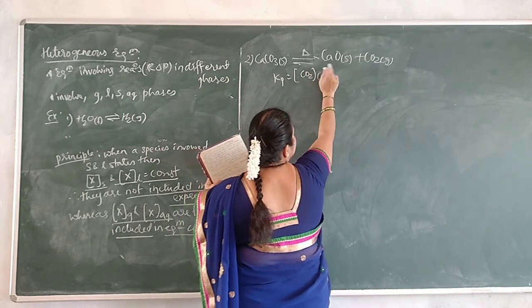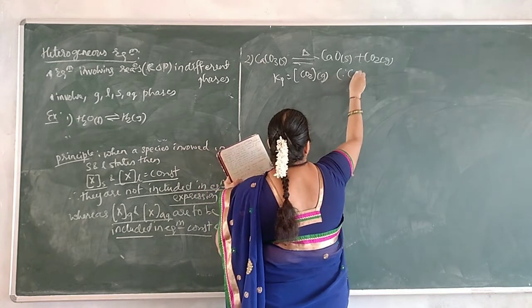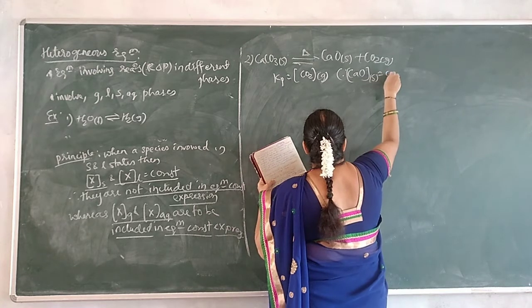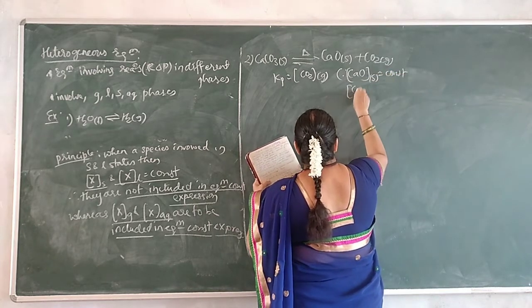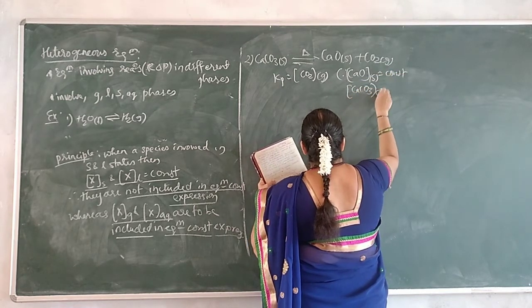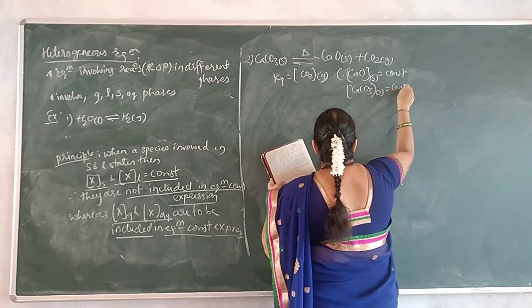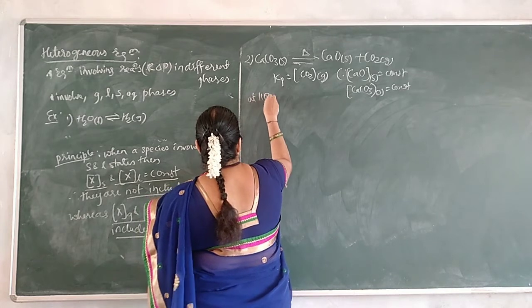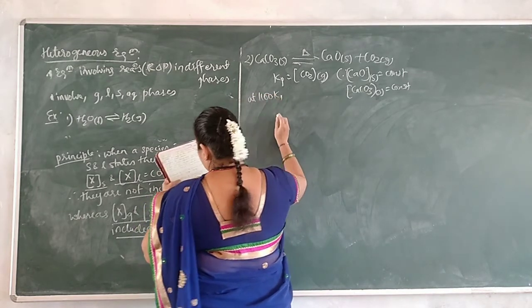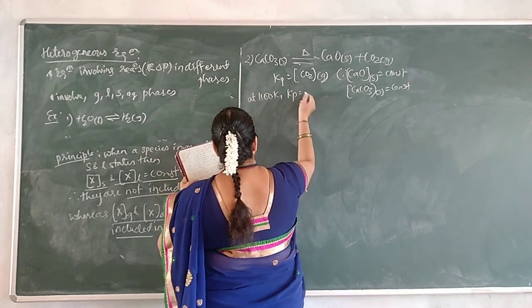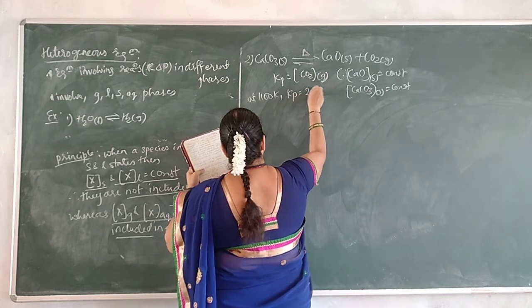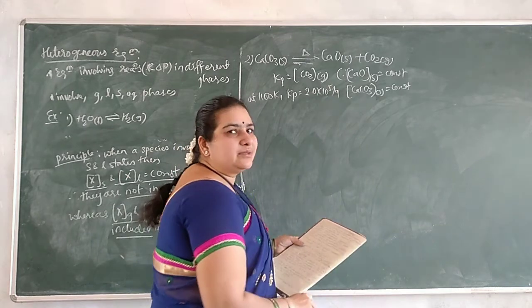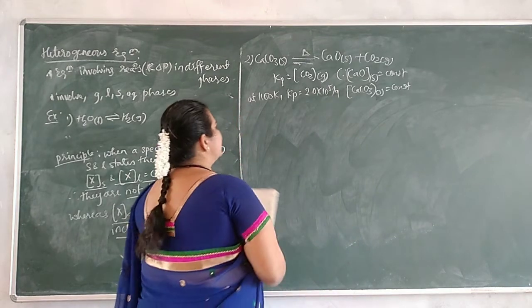The concentration of CaO solid is constant and the concentration of CaCO3 solid is also constant. It is observed that at a temperature of 1100 Kelvin, this Kp value is found to be equal to 2 into 10 raised to 5 pascals. This is the experimental proof done for this experiment.